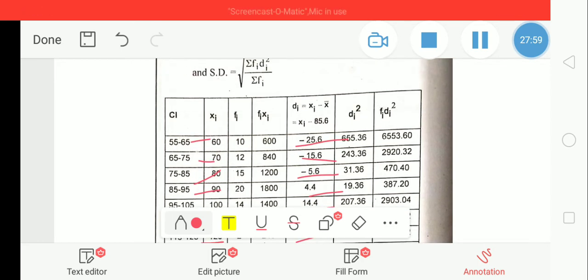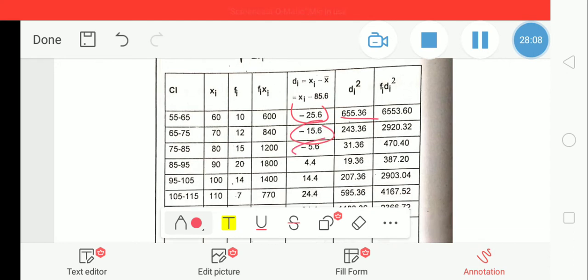Now take the square, so minus minus becomes plus, because we take the square of all of these. Then fi multiplied by this: 10 multiply by this, 12 multiply by this, 15 multiply by this, and so on, so it gives all of these values.